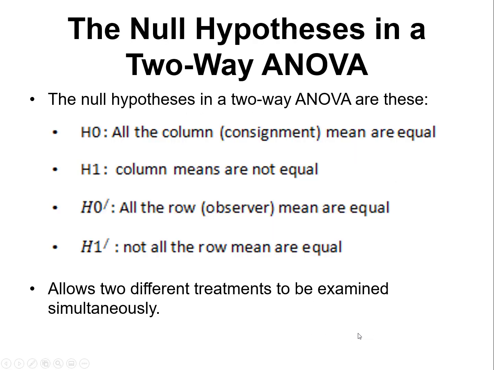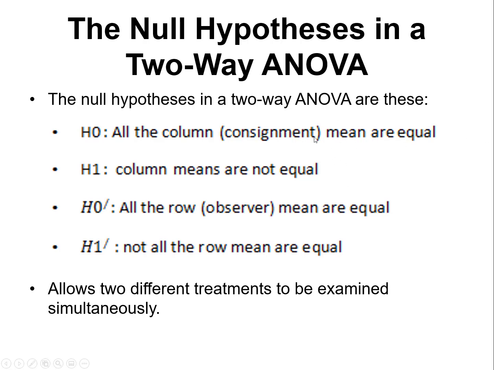Just like in one-way ANOVA, we construct the null hypothesis. Similarly, now we are dealing with two independent variables, so our number of hypotheses will also increase. Maybe in the columns you have one treatment and in the rows you have another. So how will we construct the null hypothesis? For example, all the column means are equal.